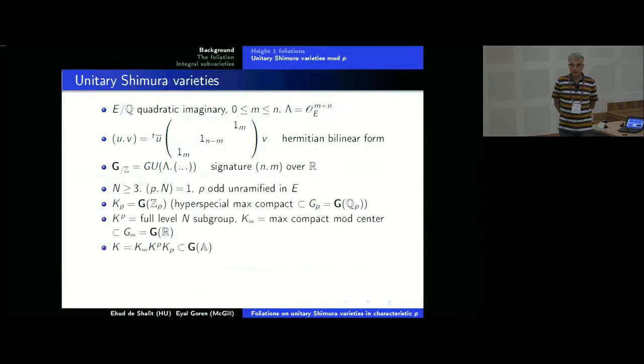And then we fix an auxiliary level structure N, which, to rigidify things, since I don't want to work with stacks, should be at least 3.